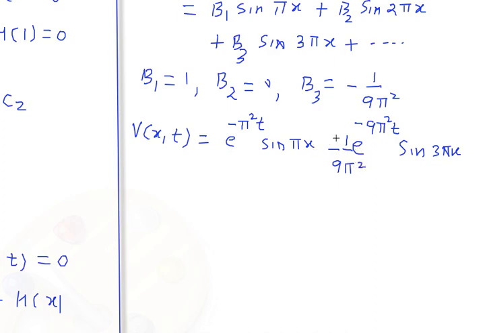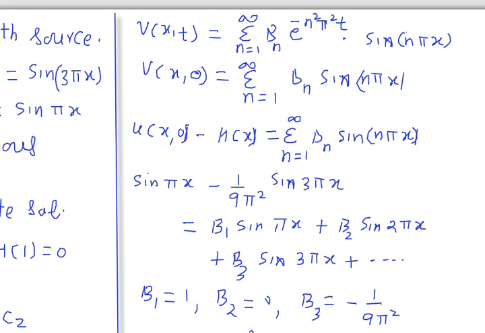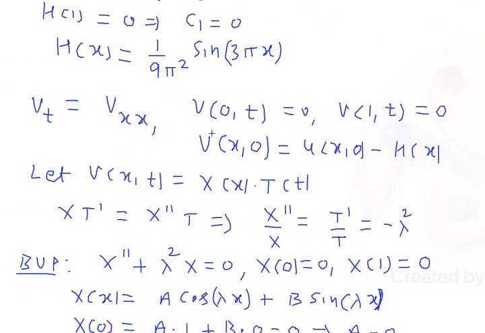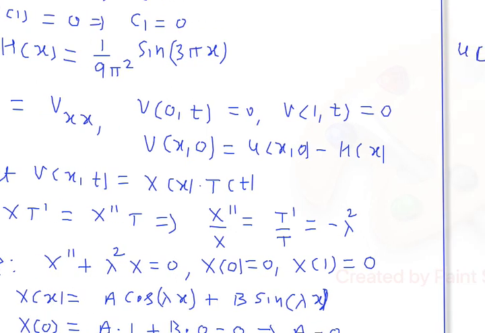So this is v(x,t), but your final solution is u(x,t). You know u(x,t) equals v(x,t) plus h(x), and we already found h(x) in the other part. h(x) is 1 over 9 pi squared sine 3 pi x.